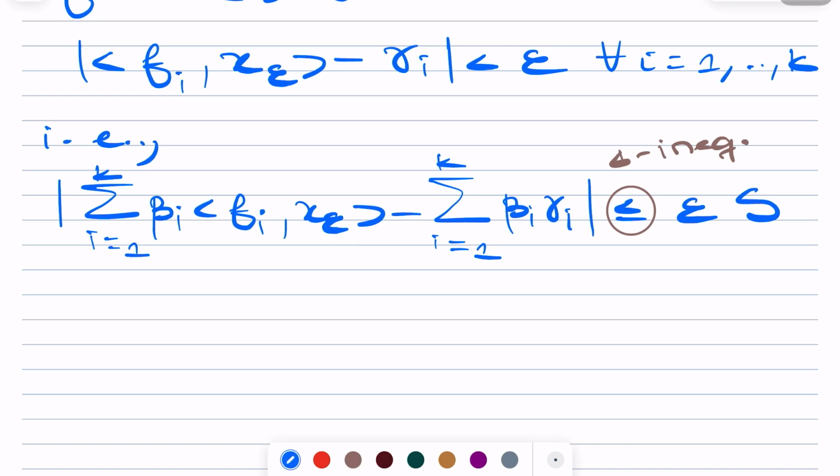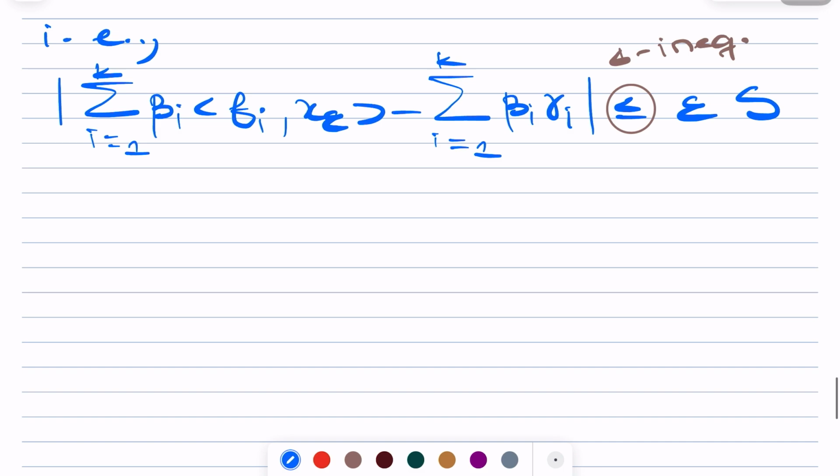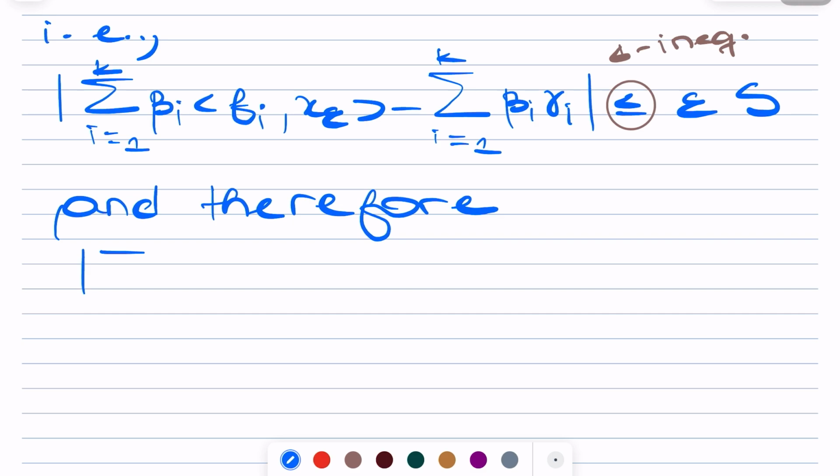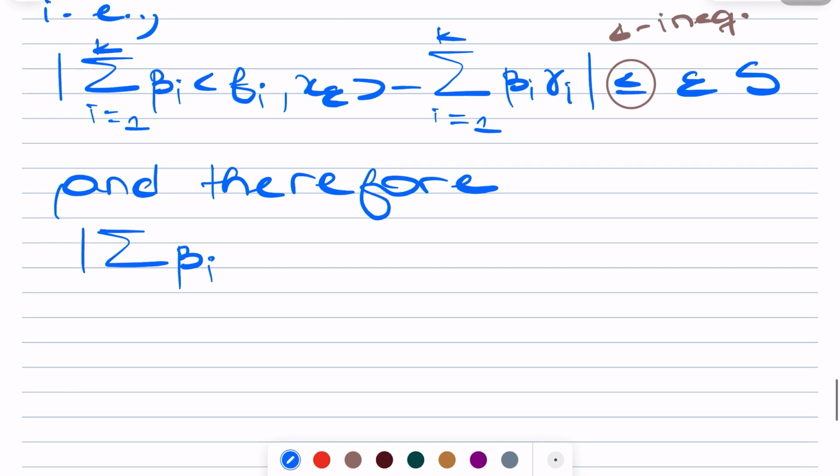And therefore, the absolute value of the summation, this is again the reverse triangle inequality that I'm about to apply. So the absolute value of this is less or equal than the norm of the summation of beta i phi i.